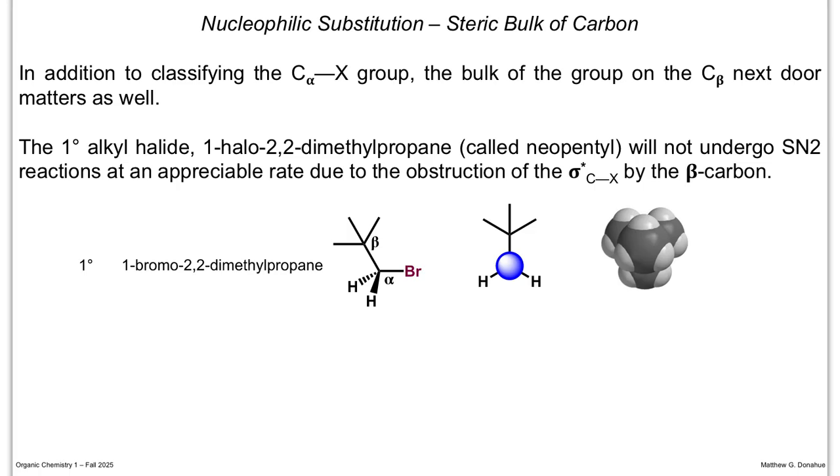There's a special case where we have a primary. So the carbon bearing the leaving group is primary, but now this beta carbon is fully substituted.